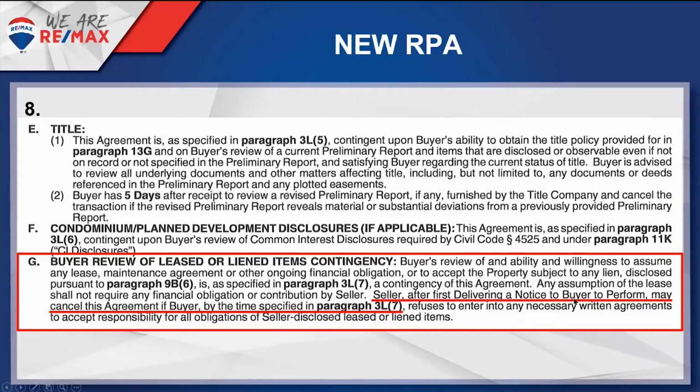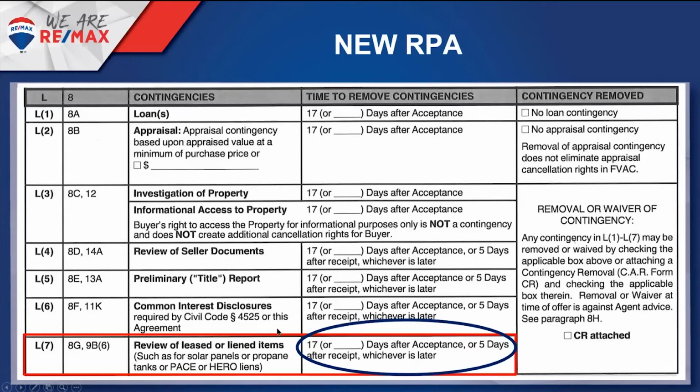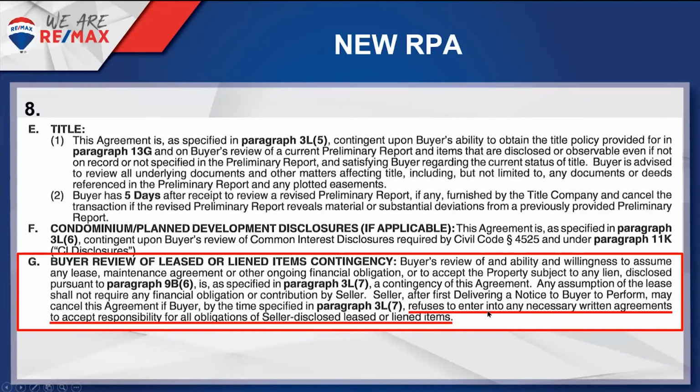The seller, after giving the buyer a notice to perform, may cancel the agreement if, by the time specified in 3L7, the review of leased items, default at 17 days, the buyer refuses to enter into a necessary written agreement with the leasing entity or accept responsibility for all the obligations of the seller disclosed leased or liened item.